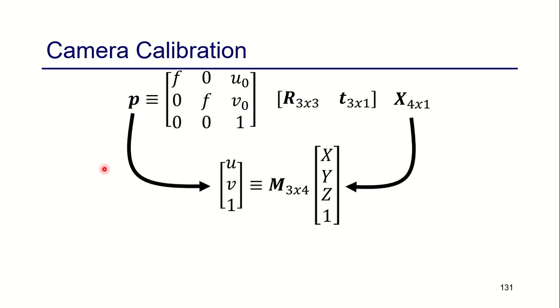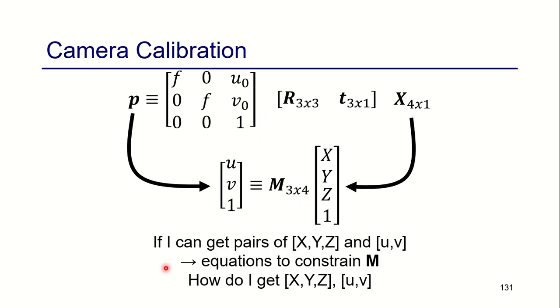So this is the camera calibration you use. Now you convert it into u, v, 1 and M, 3 cross 4. After this you will have X, Y, Z, 1. All these are now equated to M, 3 cross 4. So if I can get pairs of X, Y, Z and u comma v, then I get equations to constrain M, and I can get all these values. So how will I get X, Y, Z and u comma v?